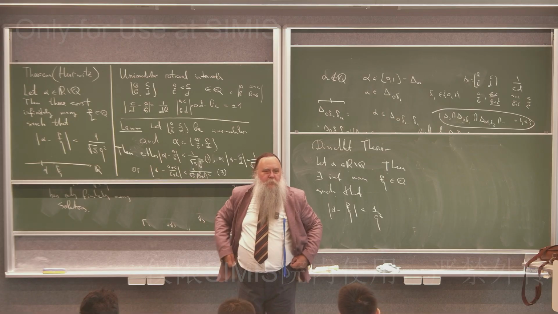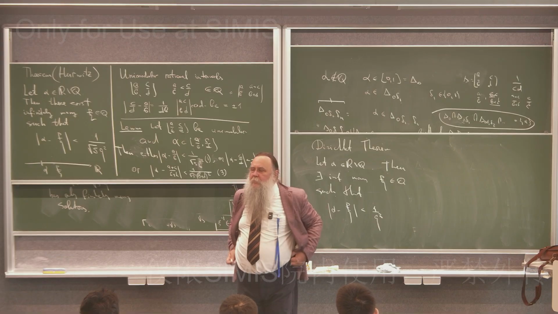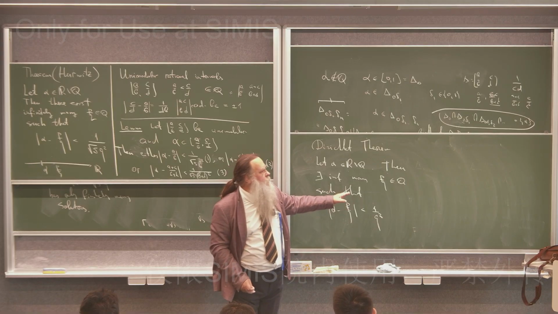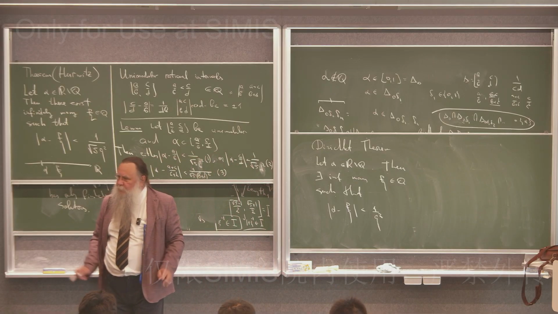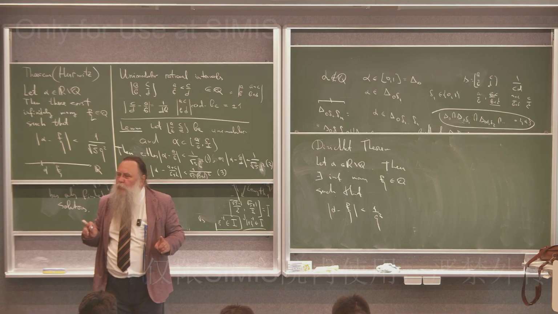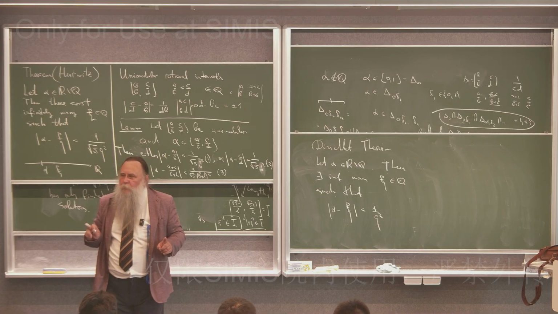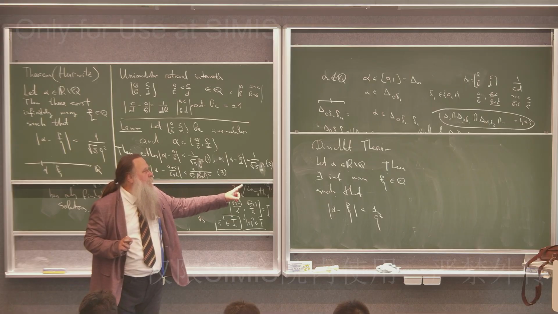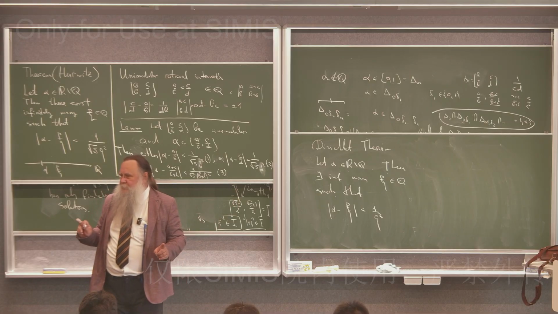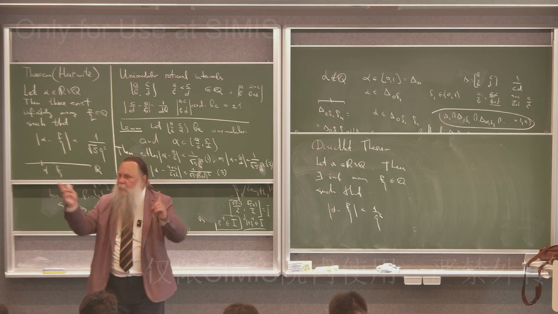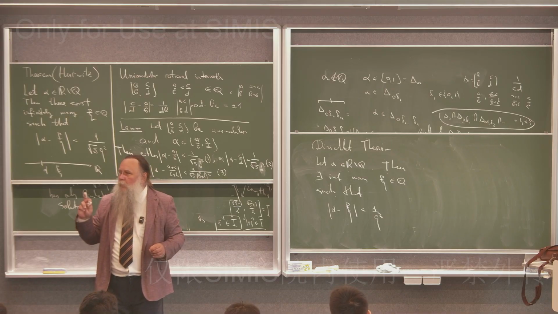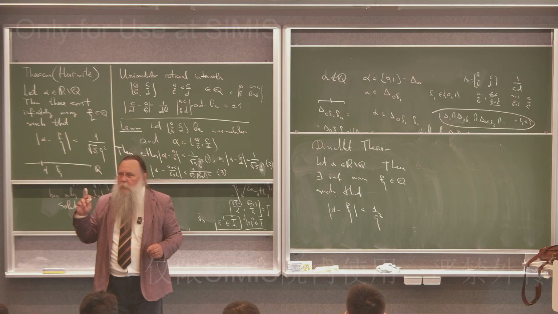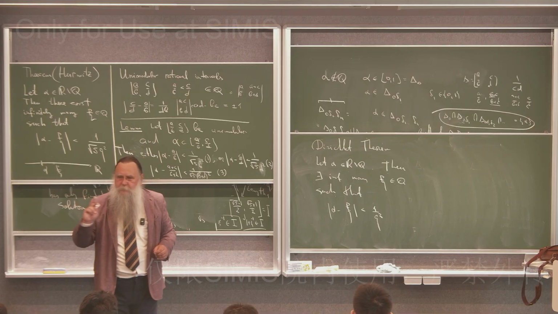Because for our purpose, not the result itself is of interest, but the method of how we prove it. Moreover, this will not be the main result. This will be a corollary of another result, what we call the global result.